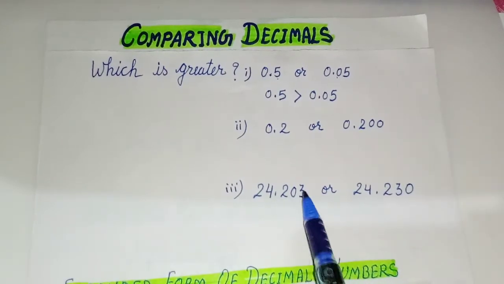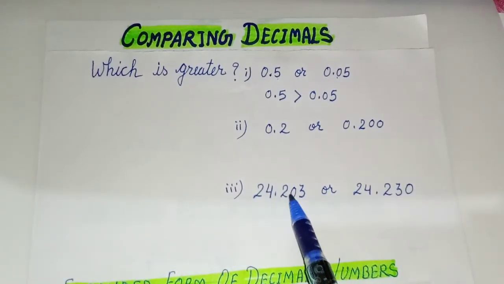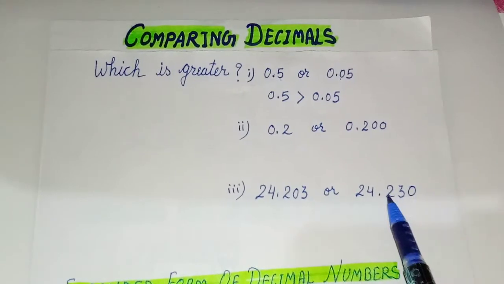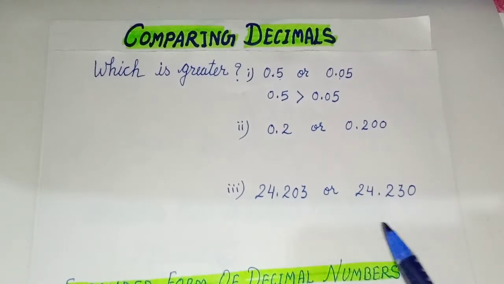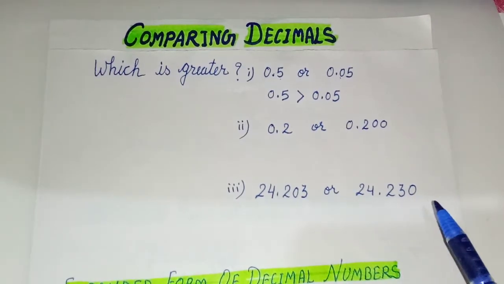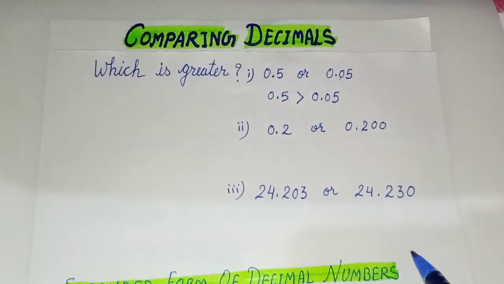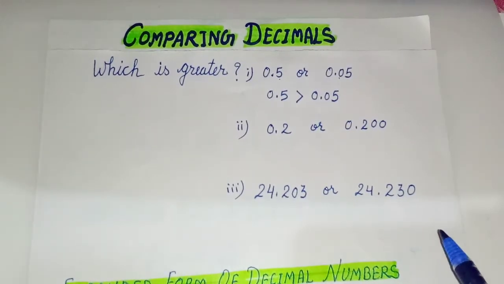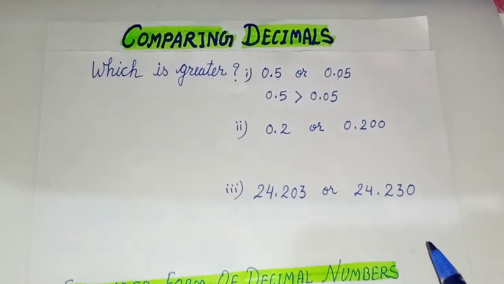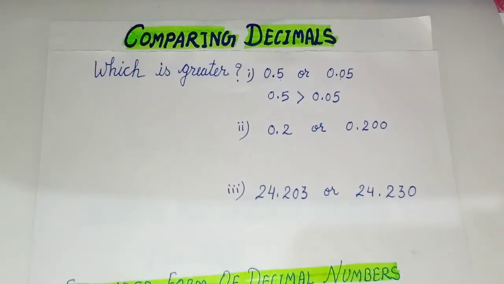As this one has 1 digit and this has 3, they are unlike decimals, right? Here you can see another example. After the point we have 1, 2, 3 digits here and 1, 2, 3 digits here also, so they are both like decimals. Got it? And you can easily make two decimal numbers like, because in case of decimal numbers, at the end you can add as many zeros as you want.